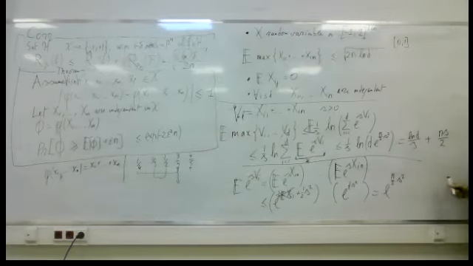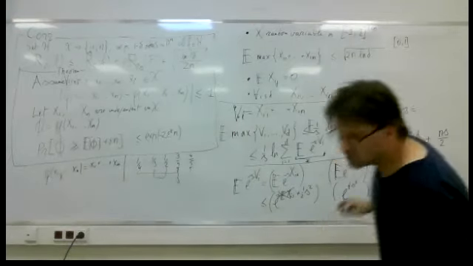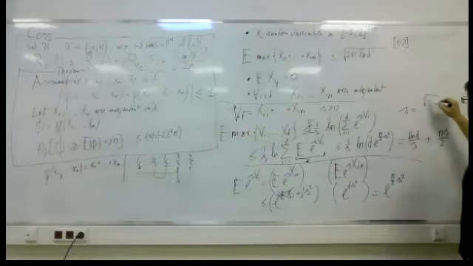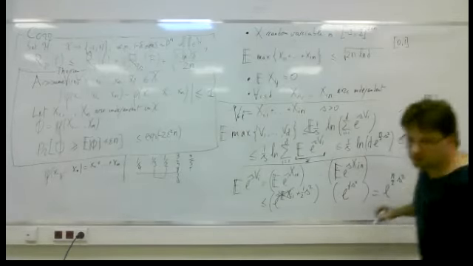Now we will select s so that this is minimal. And it can be calculated that it's minimal when both terms are equal. And so s is equal to square root of 2 ln d over n.